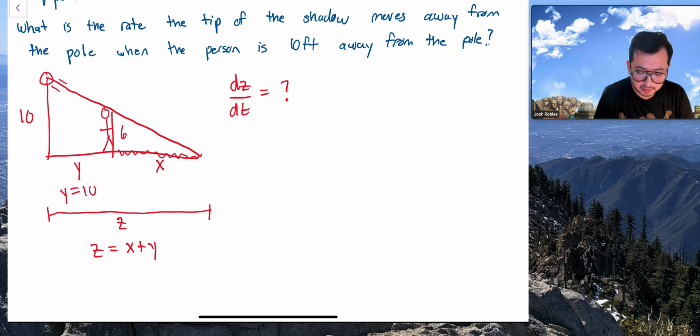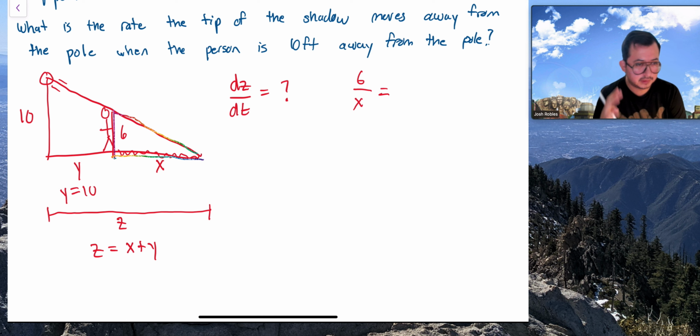All right, so now we can set up a pair of similar triangles. So I'm going to outline one of the triangles. We have this first one here. And so if I divide its two lengths, I can construct a similarity relationship. So I can say something like 6 over x, so the person's height divided by the base.